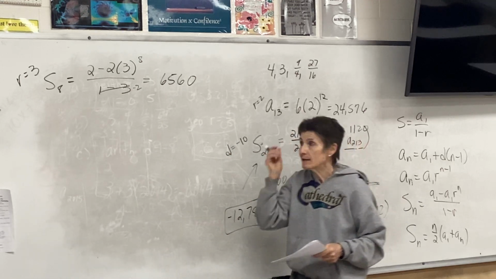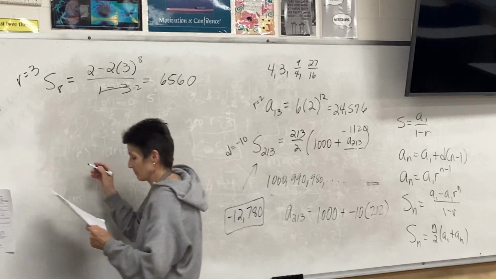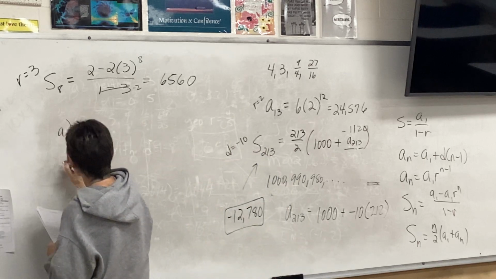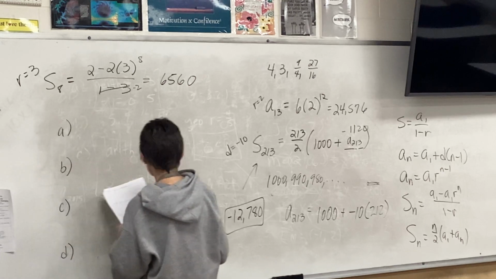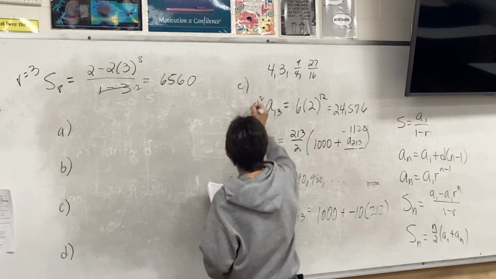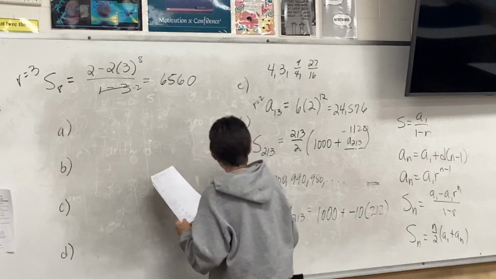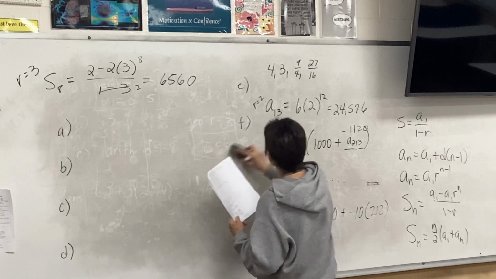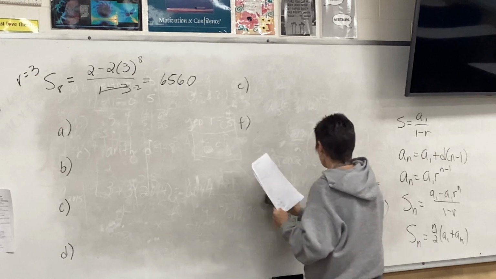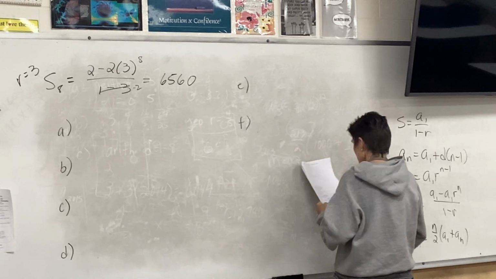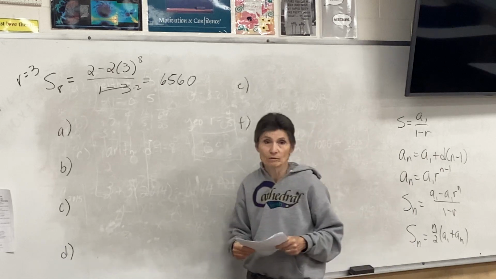Number 3, find the limits. So we're going to find the limit of all these things. Basically, you guys, there are two kinds of problems that we have looked at.